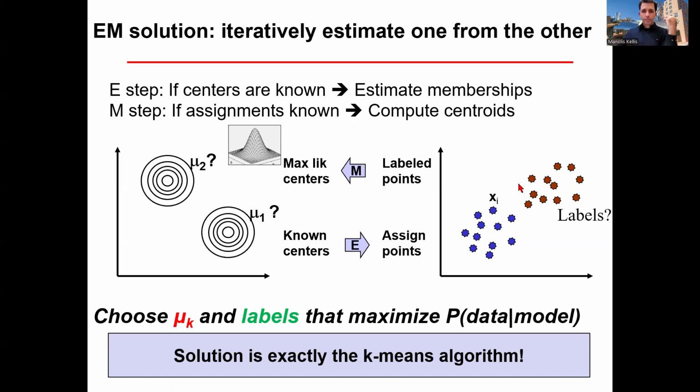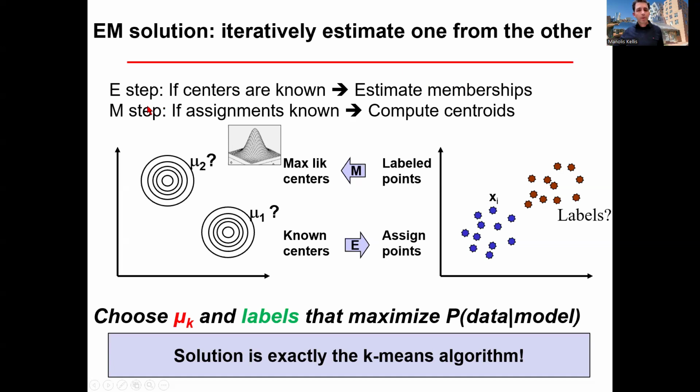Instead of saying, I infer one thing about my data, it's an iterative way to estimate an underlying posterior distribution that you don't directly have access to. Okay, so the E step assumes that the centers are known and it estimates the memberships.